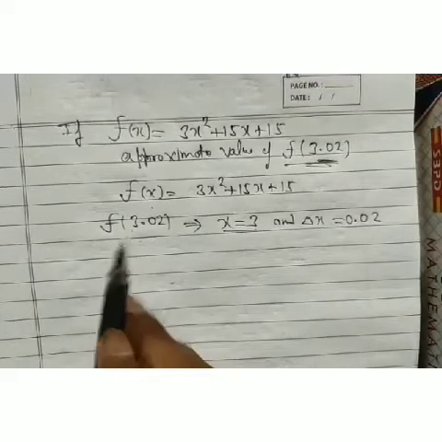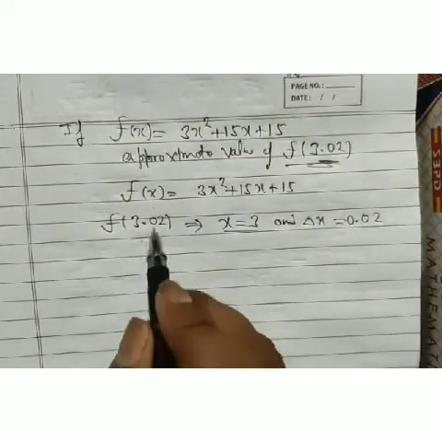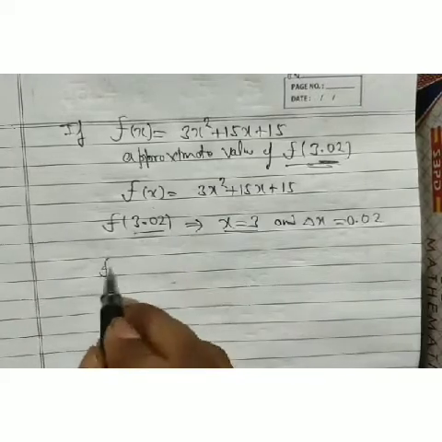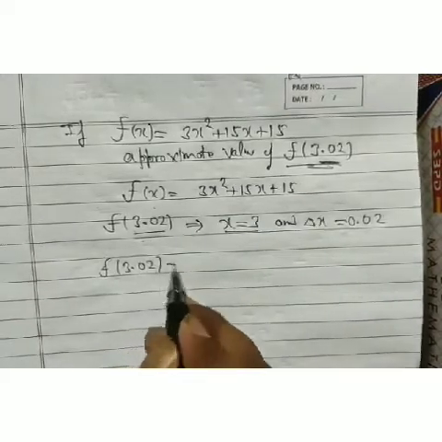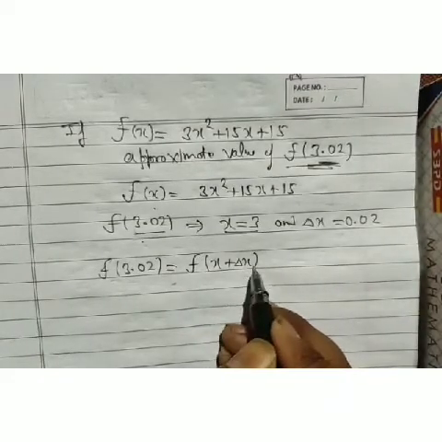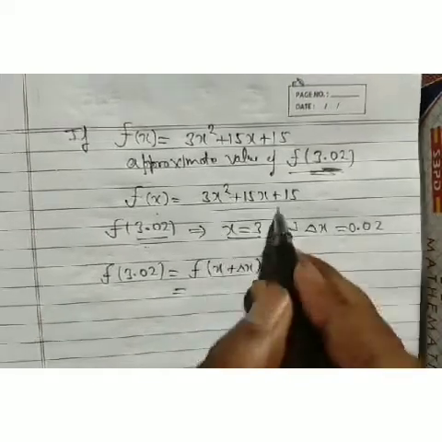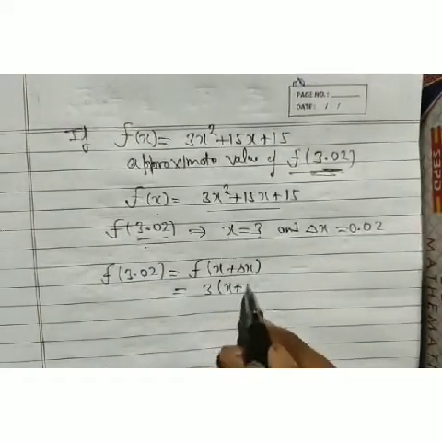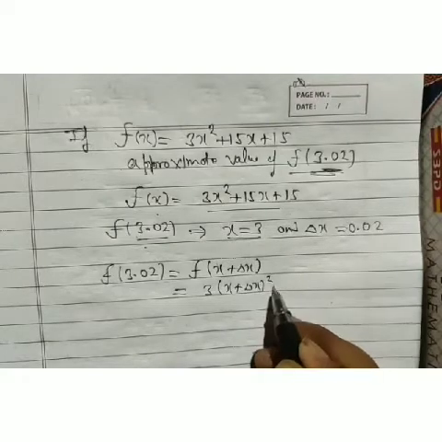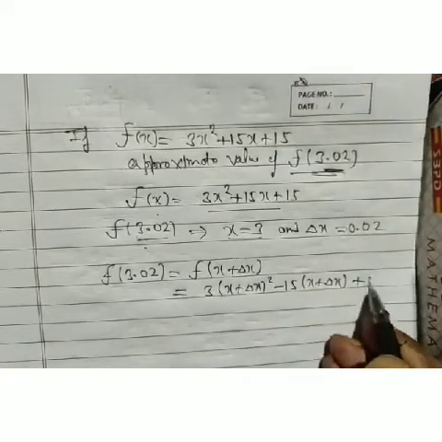Now again, how do we get f of 3.02? Our f of 3.02 is the function of x plus del x. Then how can we define our f of x plus del x? It's 3 times x plus del x whole square plus 15 times x plus del x plus 15.